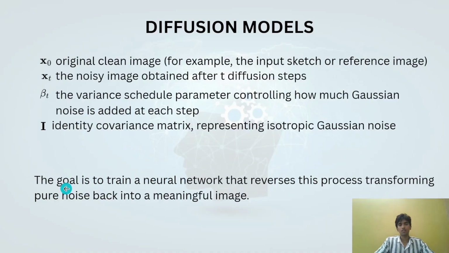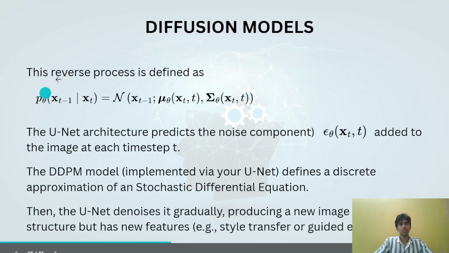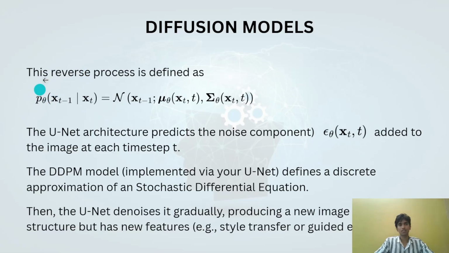Our goal is to train a neural network that reverses this process, transforming pure noise back into a meaningful image, a realistic face in this project. The reverse process is modeled by this, in which theta is the parameter. N, as I explained, is the multivariate normal distribution.